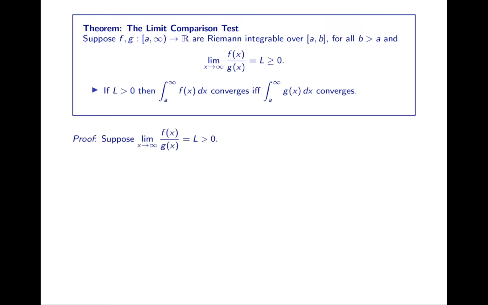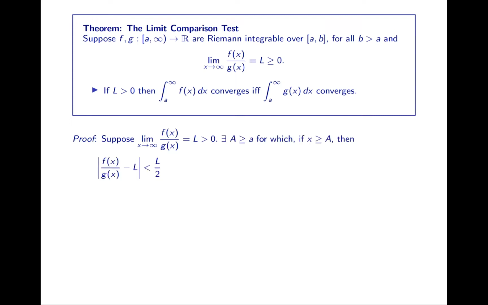So suppose that the hypothesis is true. The limit as x goes to infinity of f divided by g is equal to L, and that the first phrase of the first bullet is true, that L is strictly greater than 0. Now notice this is an if and only if, so we have to prove two different directions.